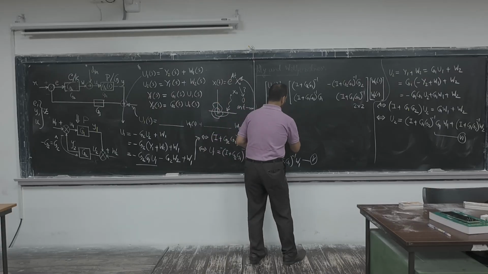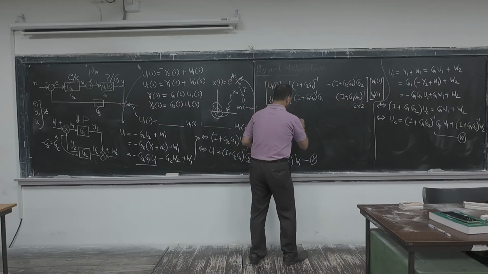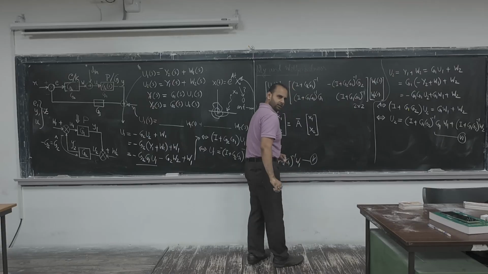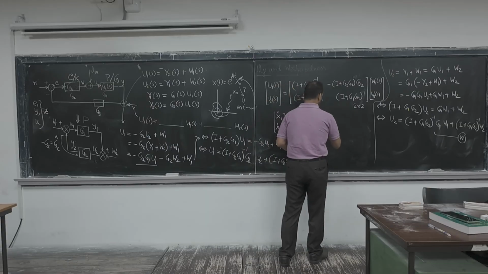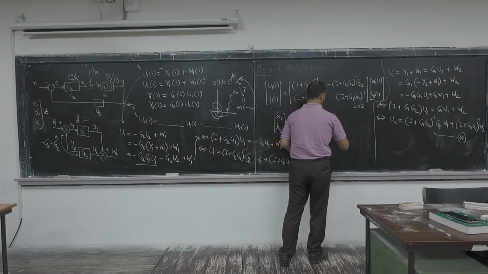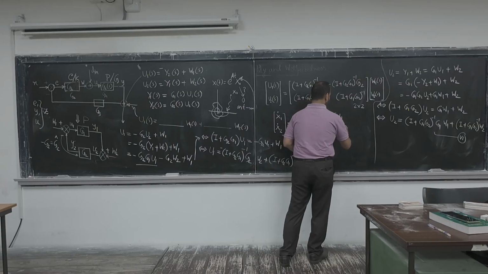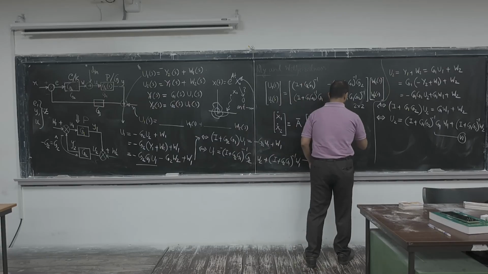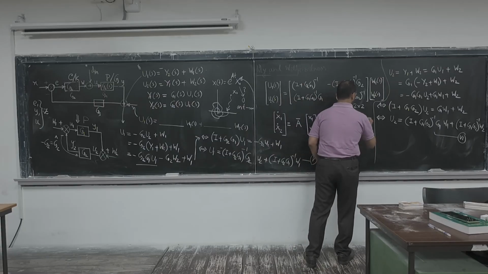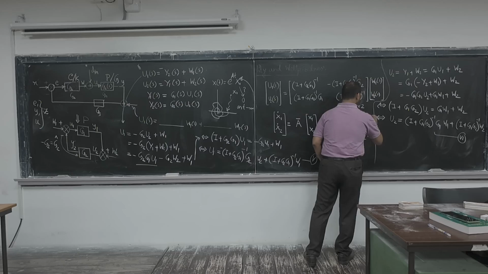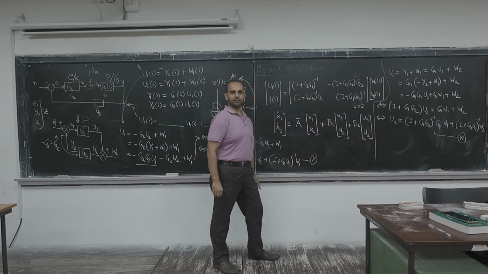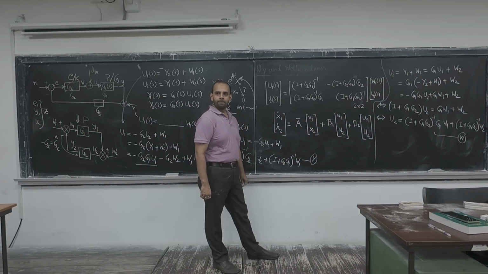Then it will have a whole A matrix, suppose a capital A bar matrix, something into x1, x2, and then plus b1 into w1, w2, plus b2 into u1, u2. From now onwards, we will have this representation.